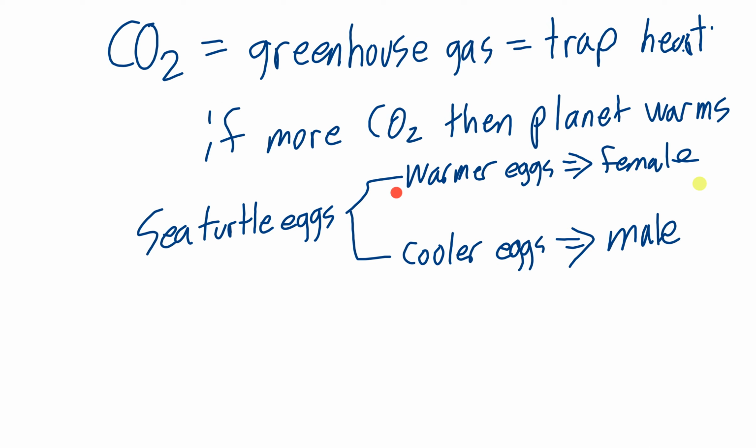Well, you guessed it. If the planet becomes warmer, the nests are going to be warmer. And that's going to mean there's going to be more female eggs. Now, that may not mean anything, but if there are more females than males, then it's going to be hard to keep this species going.